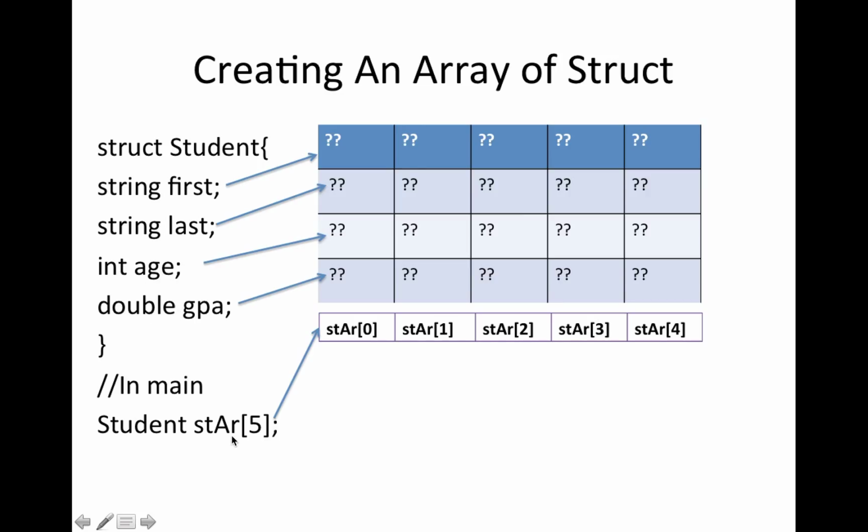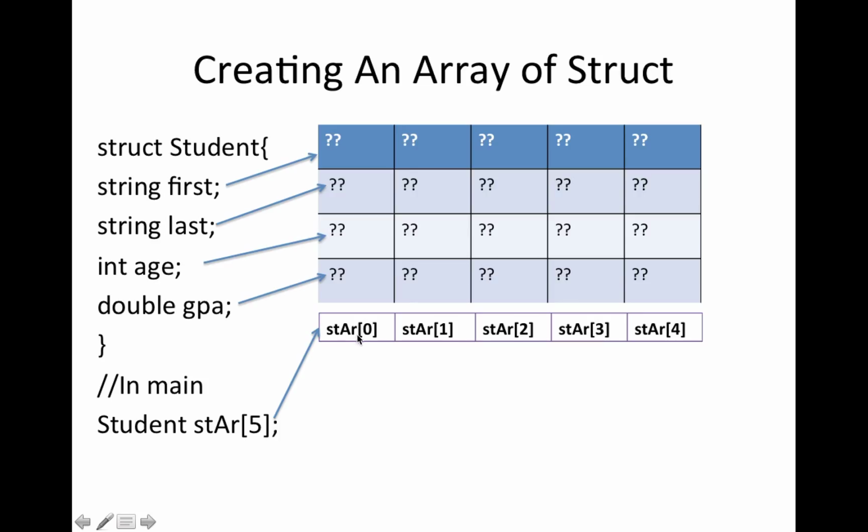And if I have a declaration like this in the main function, student str bracket 5, then 5 members in this array will be created, but each one has these 4 fields.